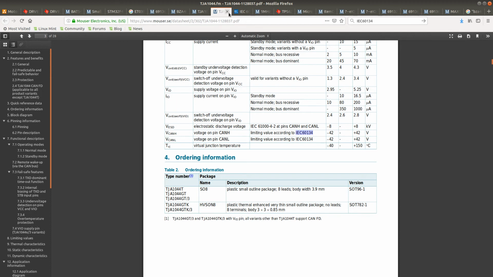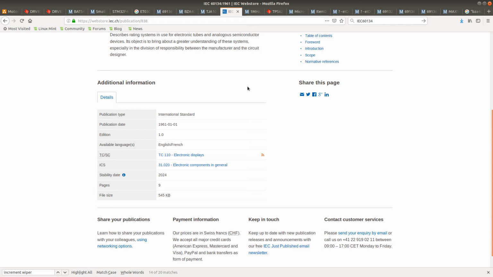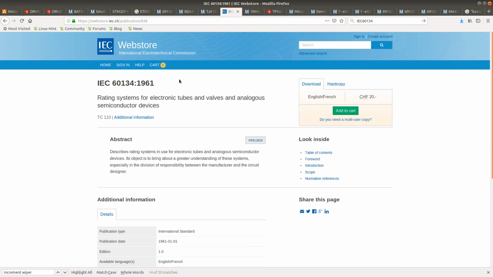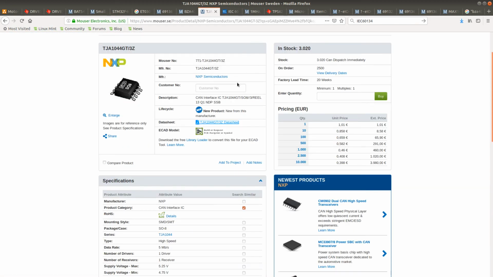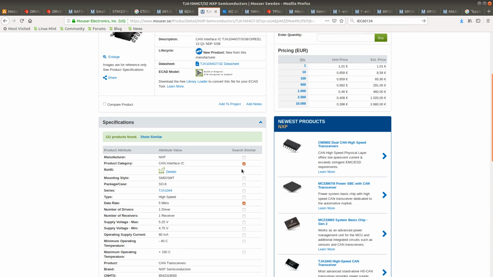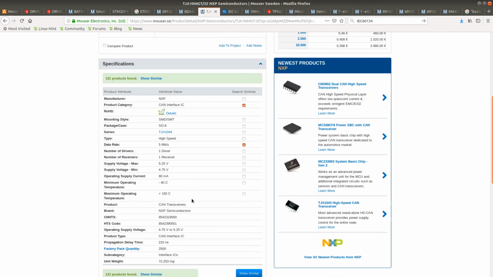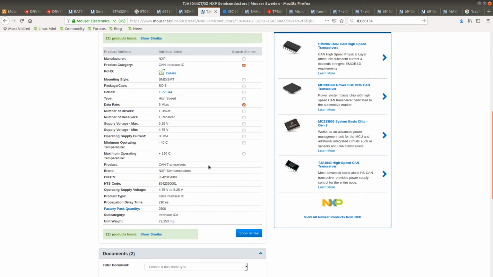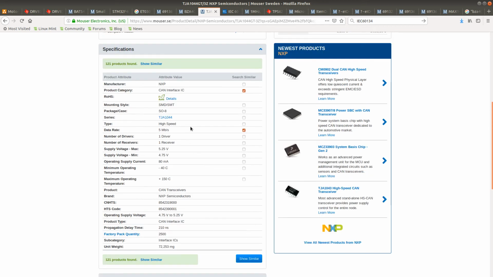So what I want to do here is search for all of the transceivers that I can find that support 5 megabit, and show similar.